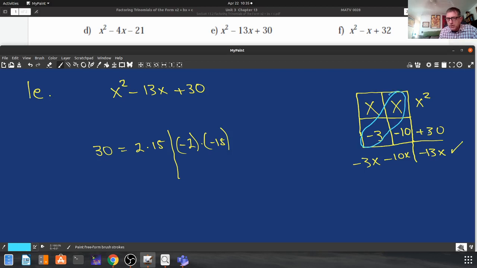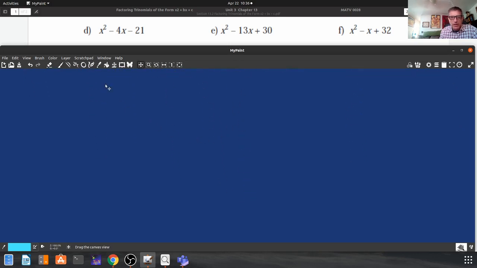When your constant term and your middle term are of different signs, stop and think about what that is telling you. So this is equal to x minus 10 times x minus 3.